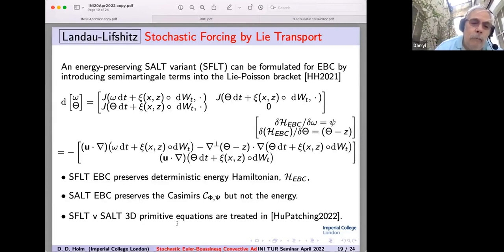And if you compare this SLATE process of data assimilation with the SALT one for the 3D primitive equations, which is treated by another student, Stuart Patching, for his PhD thesis, there's a new paper out right now by Hu and Patching, which talks about how you compare the SLATE and the SALT methods for the 3D primitive equations.